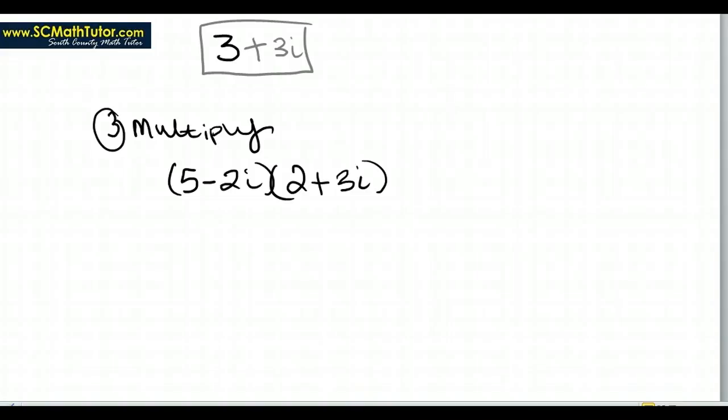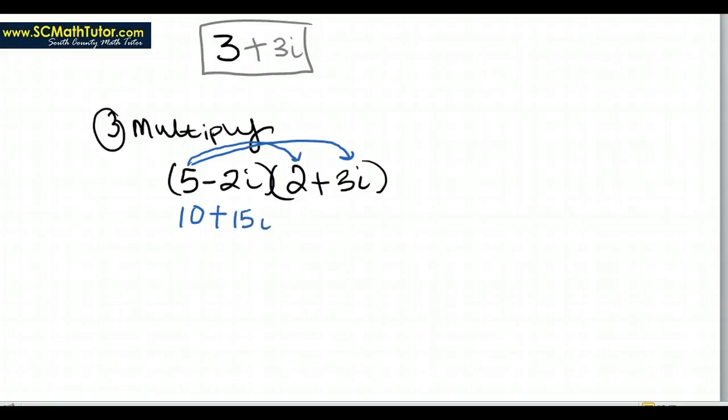What we usually use is FOIL, and you can use FOIL on this. I use my arrow method. Some people use the box method, which also works. So 5 times 2 is 10. 5 times a positive 3i, you just do this like it's an expression. 5 times 3i is positive 15i.